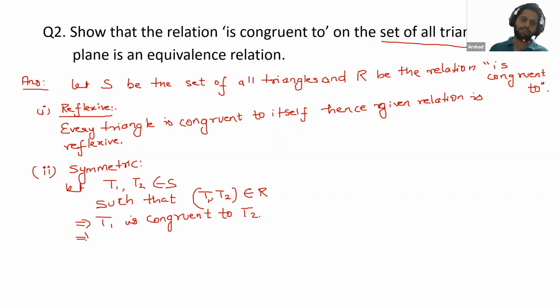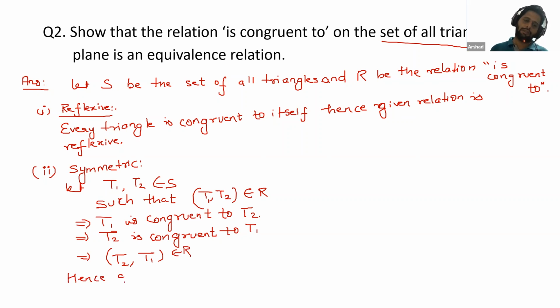This implies T2 is congruent to T1. This implies T2, T1 belongs to the relation R. Hence, the given relation is symmetric.